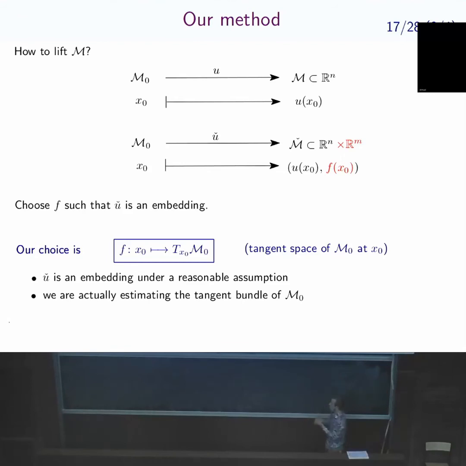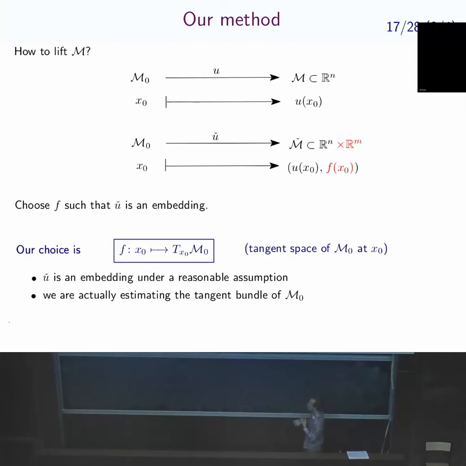This is a nice choice of F for at least two reasons. One, under a mild genericity condition on the immersion, U check is an embedding, so that the image of U check is a submanifold. And moreover, from this point of view, as you can see, we are actually looking at the tangent bundle of M0.